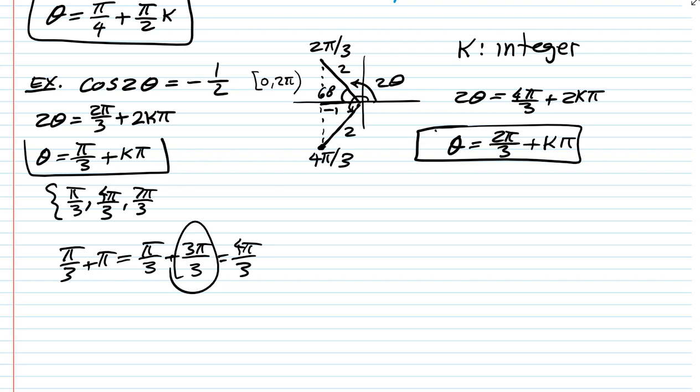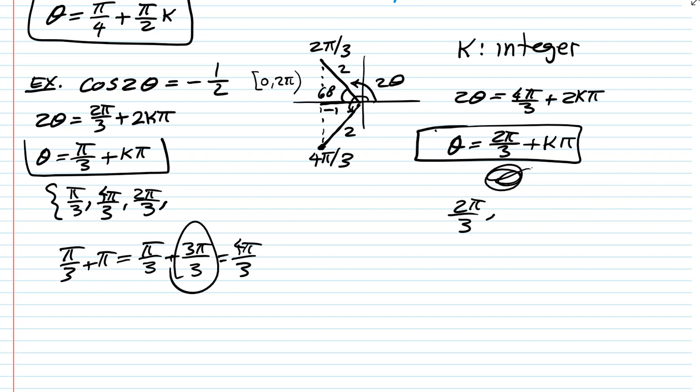Okay, now let's see, 7 pi over 3, well, 6 pi over 3 is 2 pi. So 7 pi over 3 exceeds 2 pi, doesn't it? We just want 0 to 2 pi. So there's nothing wrong with 7 pi over 3. It's just not what we want in that domain, 0 to 2 pi. So I'll pick up a couple of solutions there, and a couple of solutions here. When k is 0, we get 2 pi over 3. Let's bring this to the mix.